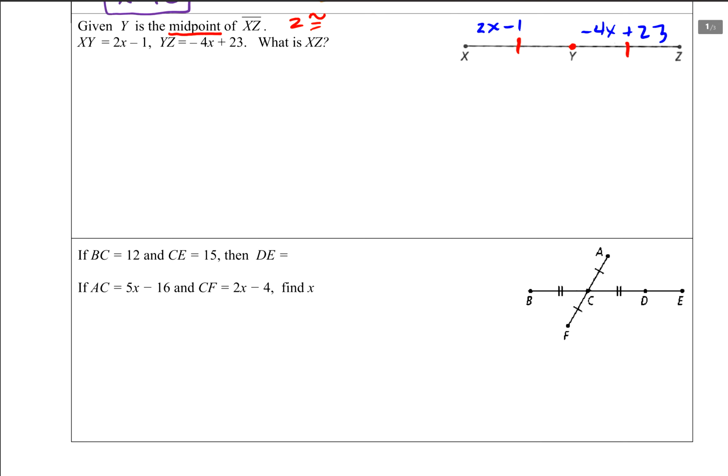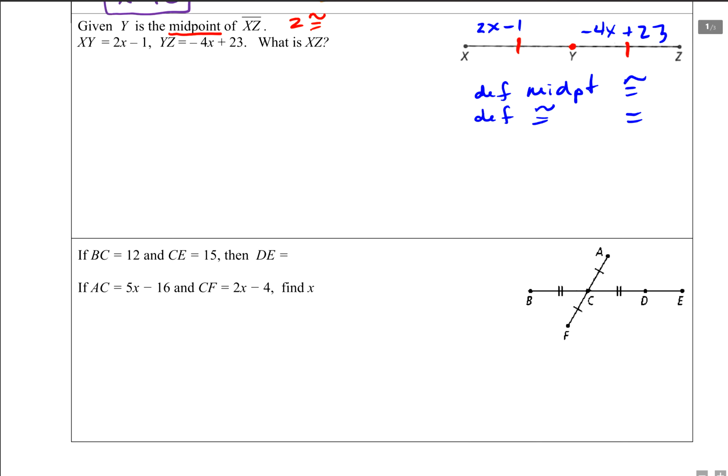Well, what I know here is I've got definition of midpoint makes them congruent, and definition of congruent makes them equal. So I have an equation. We should do this properly.